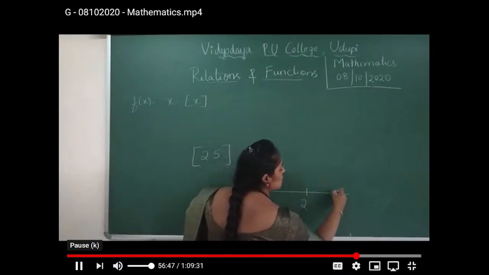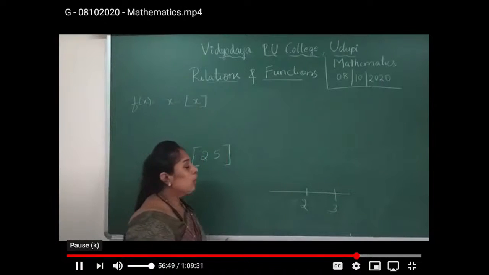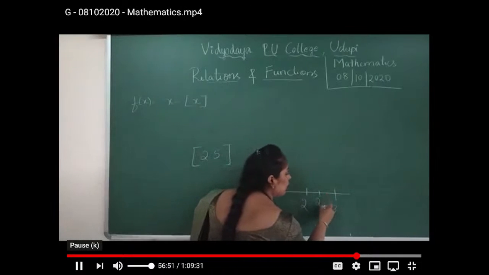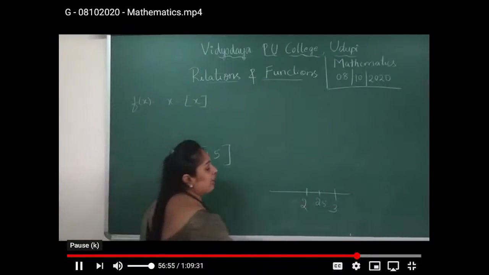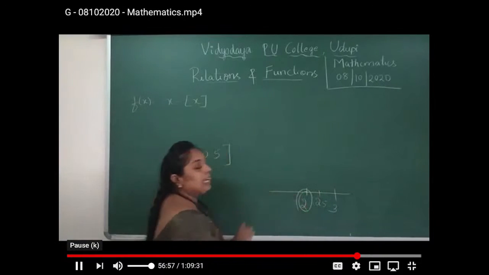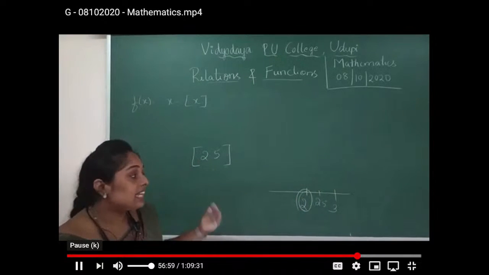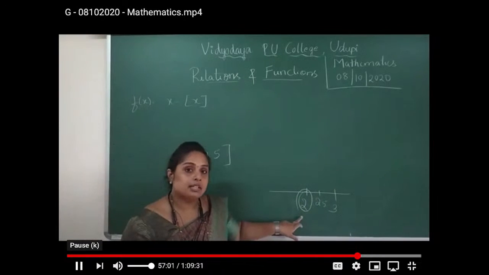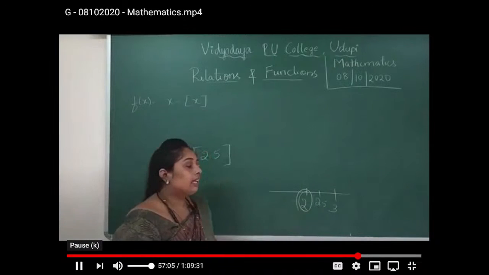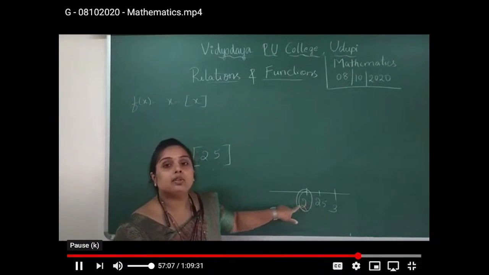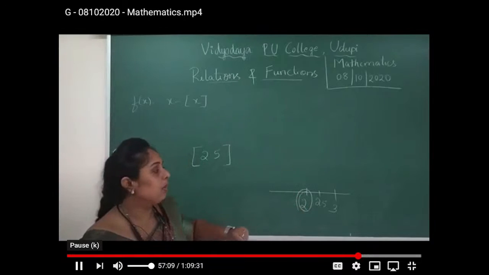Draw the number line and check. If this is 2, this is 3. 2.5 is somewhere here. Now the greatest integer for 2.5 will be 2. The number which is just less than or equal to x. So 2. The greatest integer for 2.1 is also 2. 2.2 is also 2.